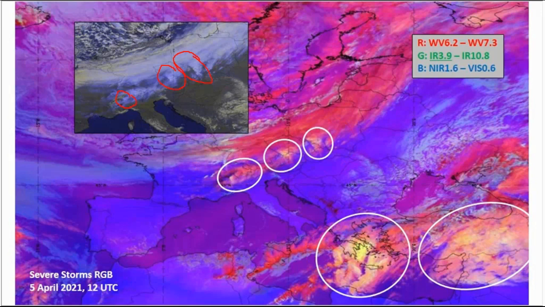Because the air is rising very suddenly across the mountains, the clouds that are produced have very small ice particles that reflect a lot of radiation in the 3.9 micrometer channel.